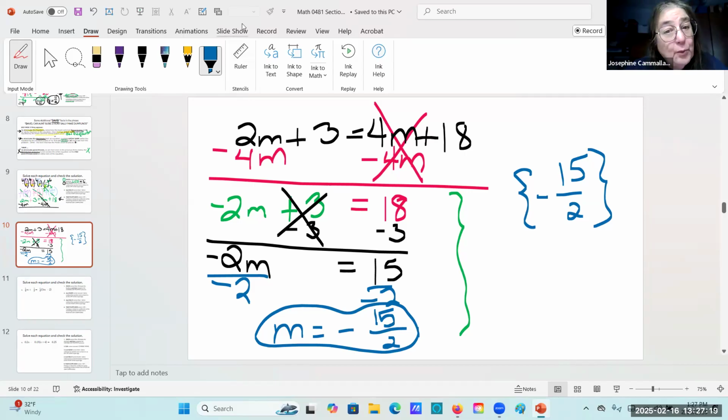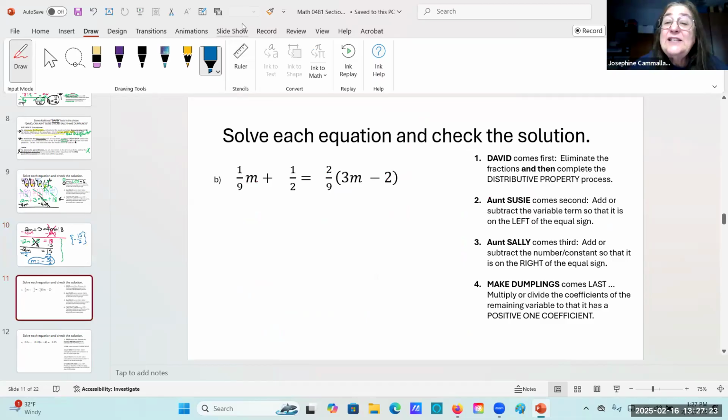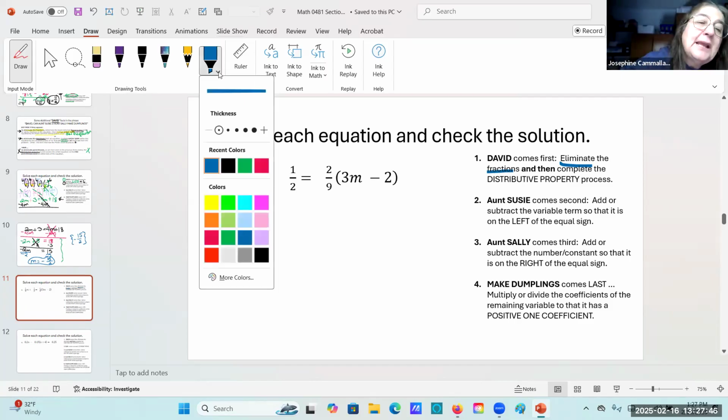Now, we're going to try another one, okay? This is where you're going to have to watch what you do because we're going to eliminate the fractions first. Okay. Now, this is where you have to recognize what is a term. Okay.